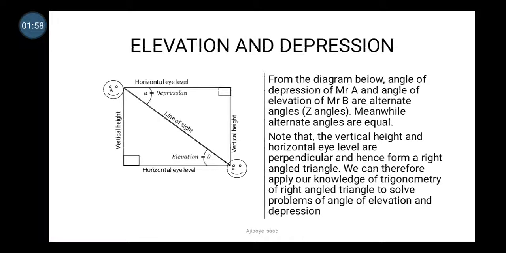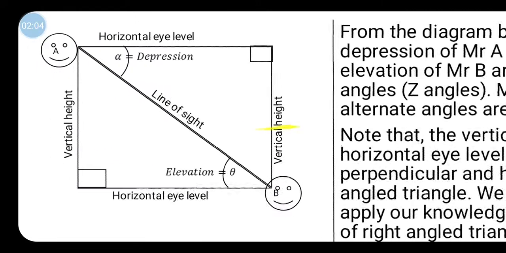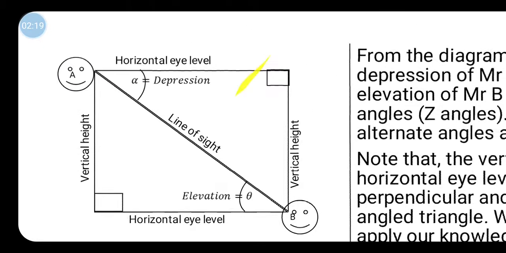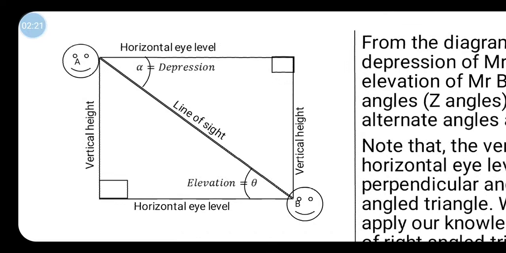So, elevation and depression. If you look at the diagram we have there, you can see Mr. A and Mr. B. Mr. A has a horizontal eye level, and so does Mr. B. Now, they are both looking at one another.